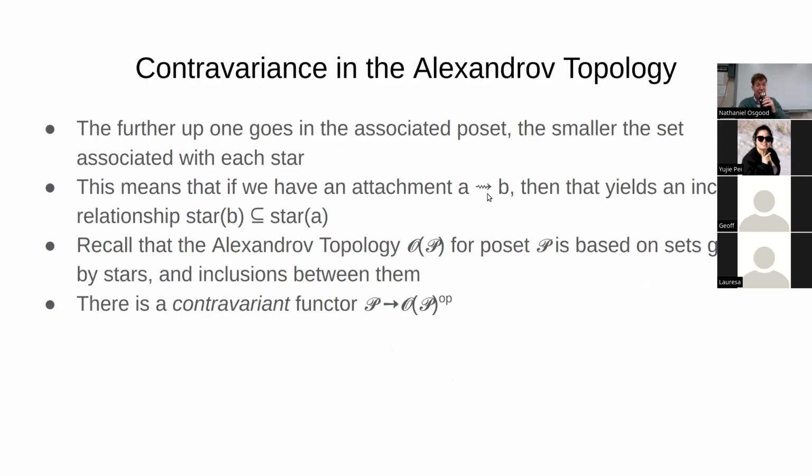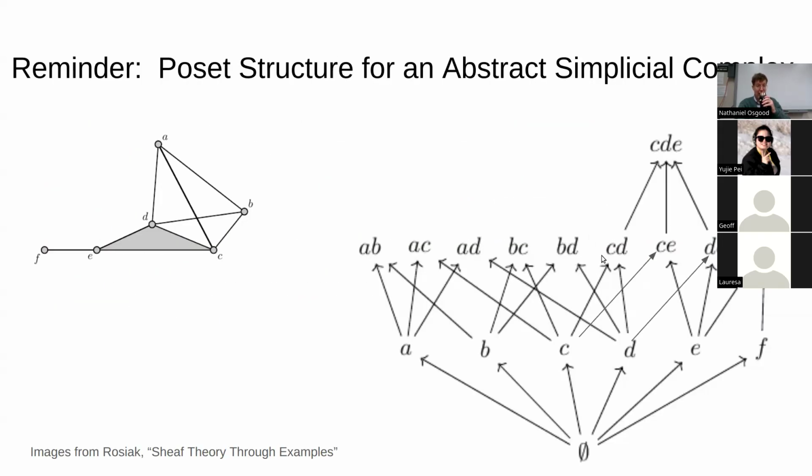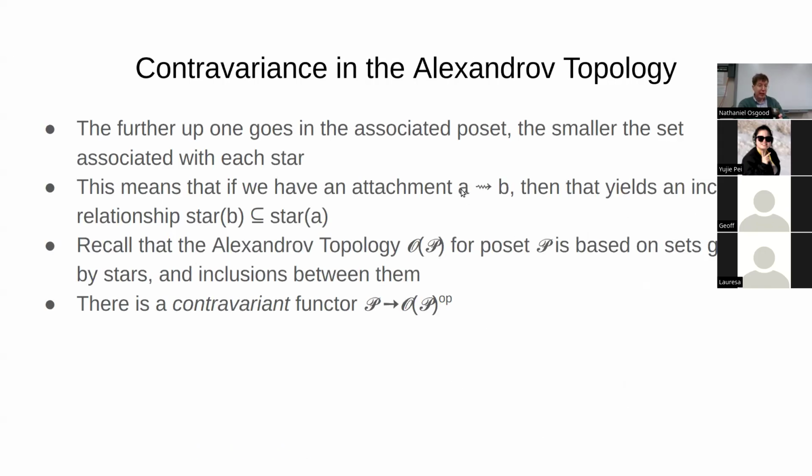So if we have an attachment, and remember this depicts attachments, right? C is attached to CD. So if we have an attachment, A is attached to B, then we have the relation that star of B is a subset of star of A. We good with that?